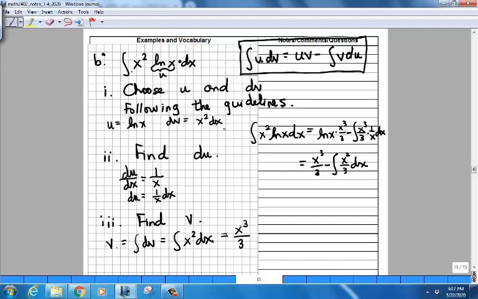So all we have left to do to finish off the problem is just find this antiderivative of x squared over 3, and that we can easily find just by using the anti-power rule, correct? Actually, first, let me factor out a 1/3, right? And that would leave me with the antiderivative of x squared dx.